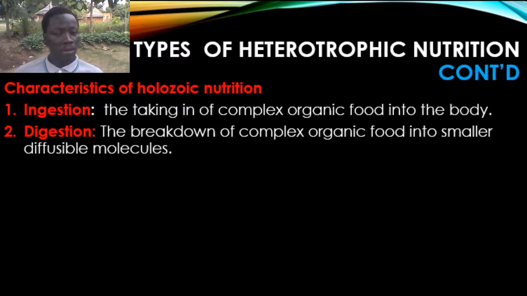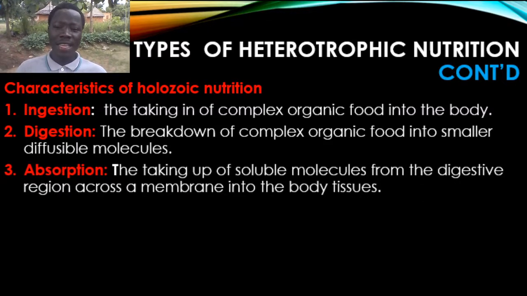By diffusible, we mean that the simple or smaller molecules are able to pass through the semi-permeable membrane, or the selectively permeable membrane, of the digestive tract, that we will come and deal with deeply later, but I think that's enough here for this basic introductory part of heterotrophic nutrition.